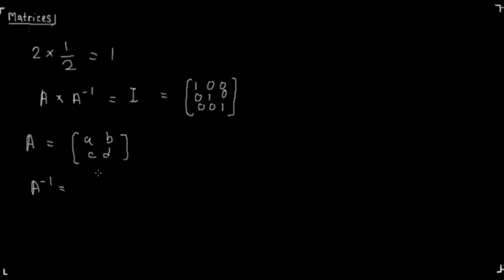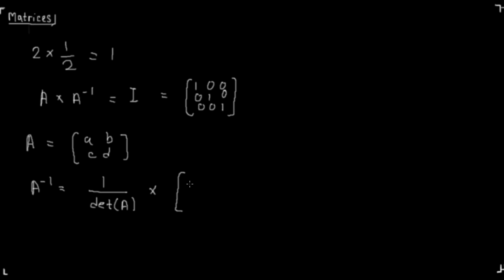How we do this is we find one over the determinant of A, so we divide the entire matrix by the determinant. But before we put this matrix down, we have to make some changes.